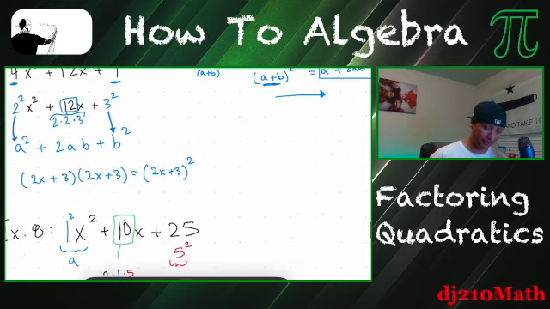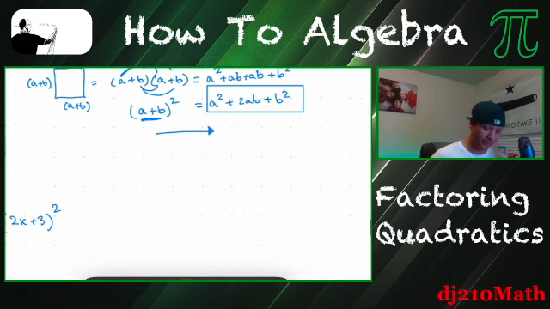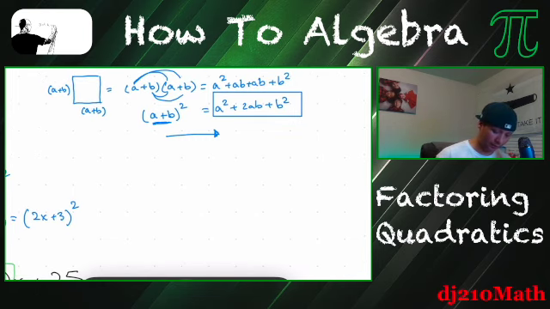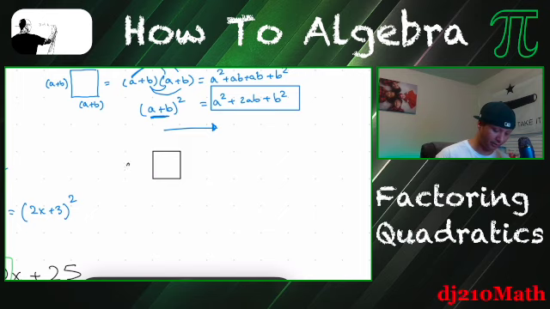I do want to mention one thing, because here we did a plus b and a plus b. This could very well be a minus b. So let me just show you that, so you have that in your back pocket. The a squared plus 2ab plus b squared, just burn that into your mind.